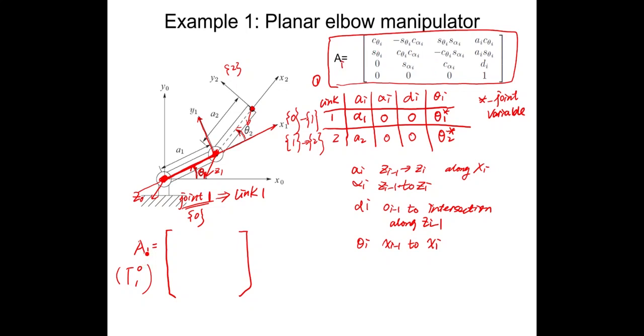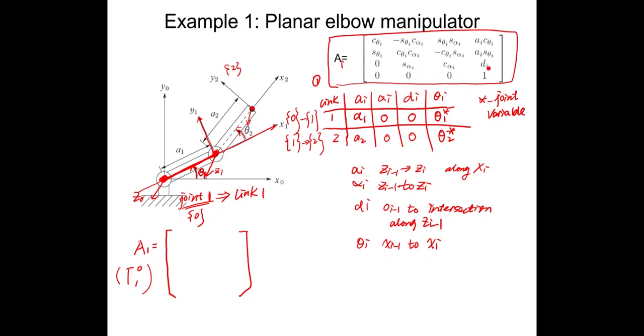If we want to calculate A1, we need to plug in these 4 parameters. So my a I becomes a1, my alpha I becomes 0, my theta I becomes theta 1, and my d I becomes 0.